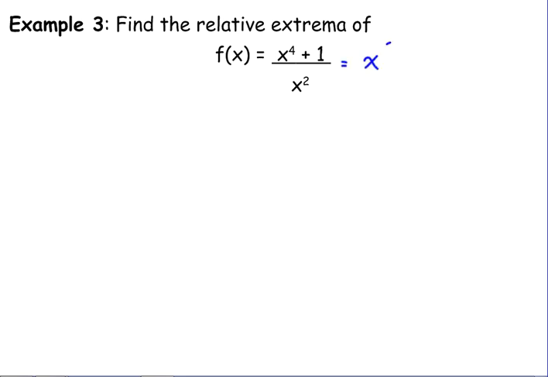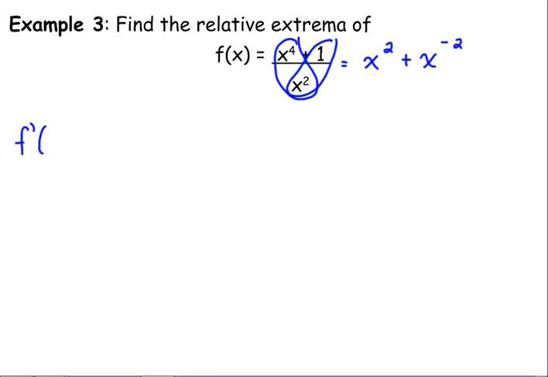I would rewrite that as x squared plus x to the negative 2 by just putting each term over the denominator and simplifying. X to the fourth over x squared is x squared, 1 over x squared is x to the negative 2. But since I'm finding extrema, since I'm finding critical numbers, it's easier to keep this in fraction form because then I can just set my numerator equal to 0 and my denominator equal to 0.